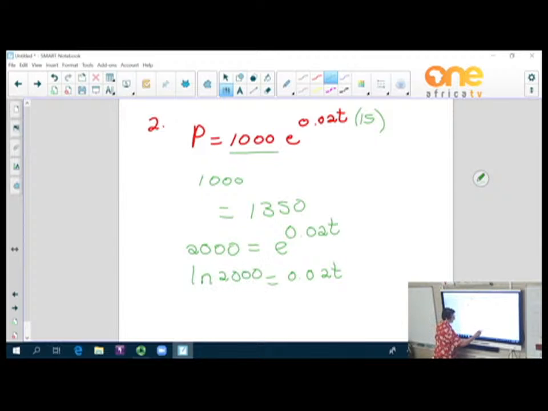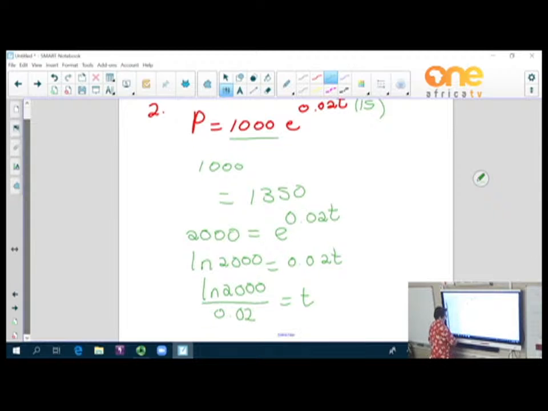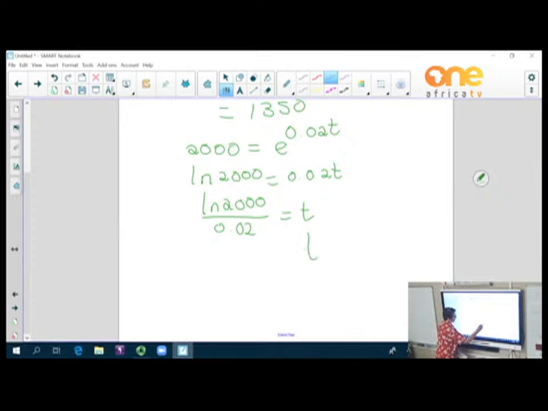And to find t, it will be ln 2 divided by 0.02. And then we find that t is equal to 34.66. So it will take about 35 years for the population to double.